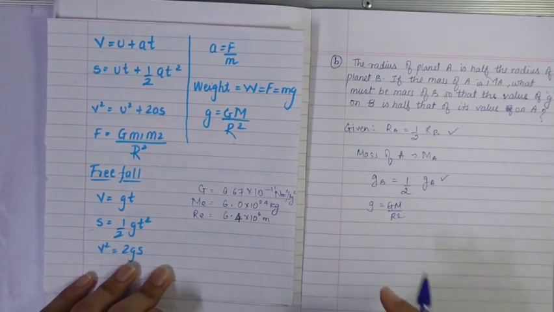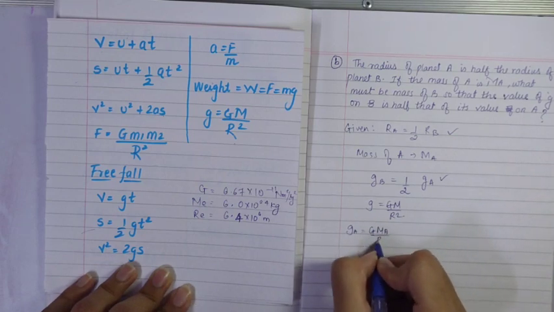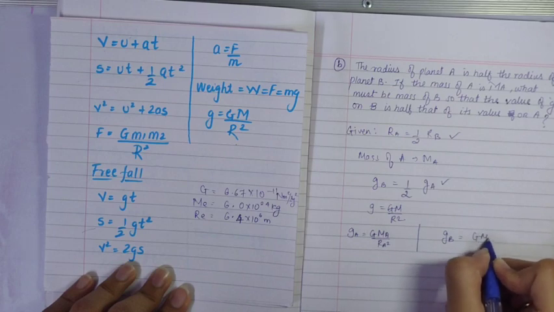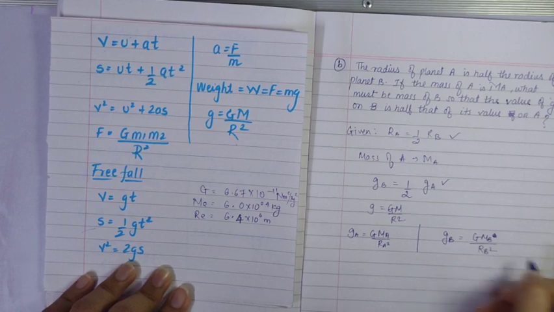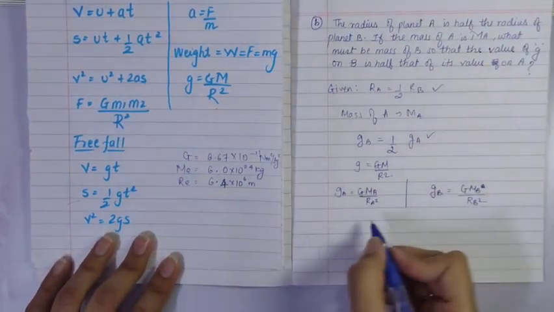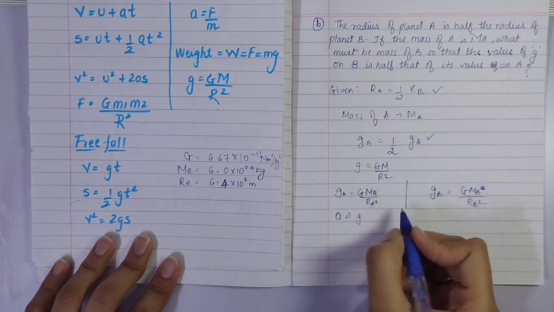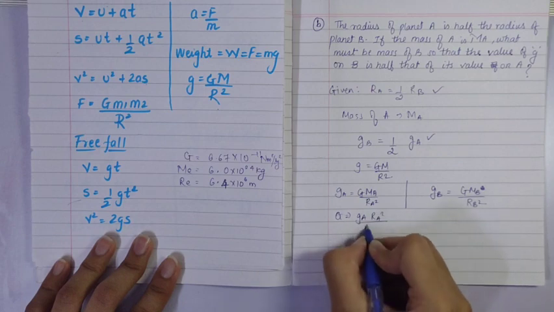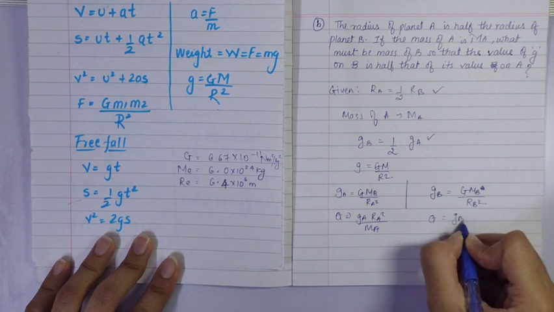Fine. So for g of A, this will be G MA upon RA square, and your g of B will be G MB upon RB square. Now you know that capital G will be the same, so write this in terms of G: G is equal to gA RA square upon MA, and here your G will be gB RB square upon MB.